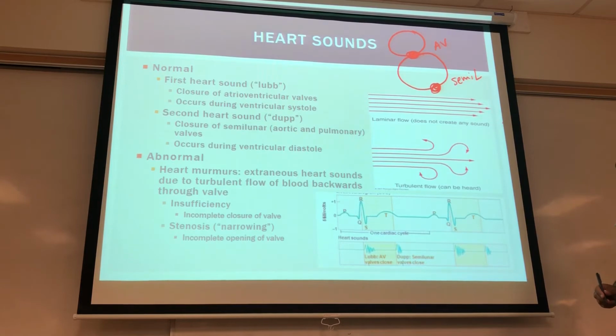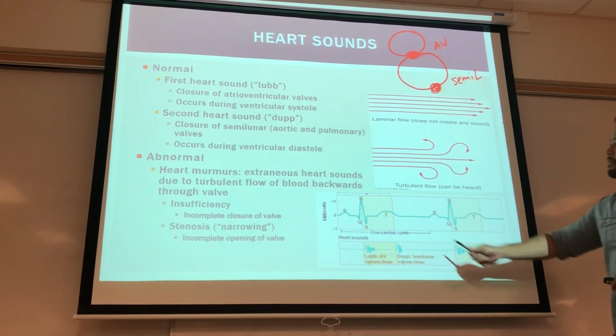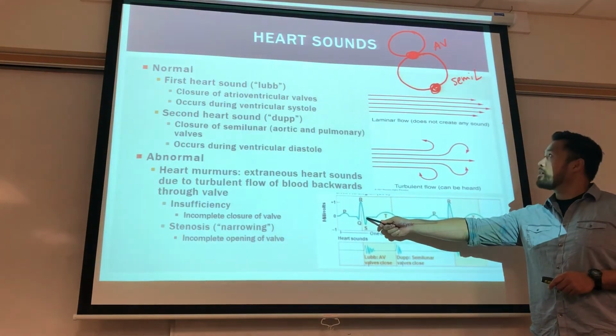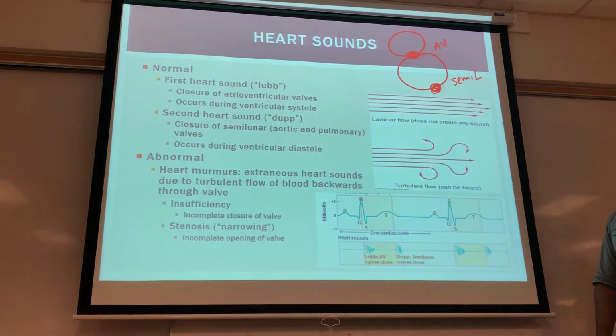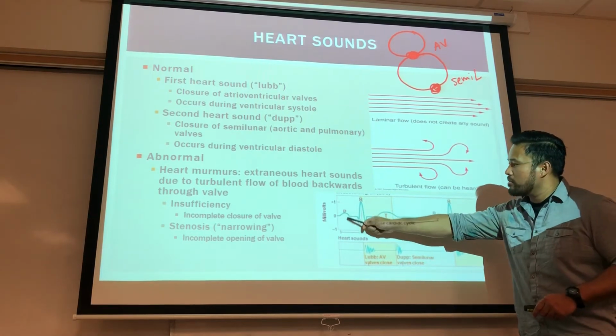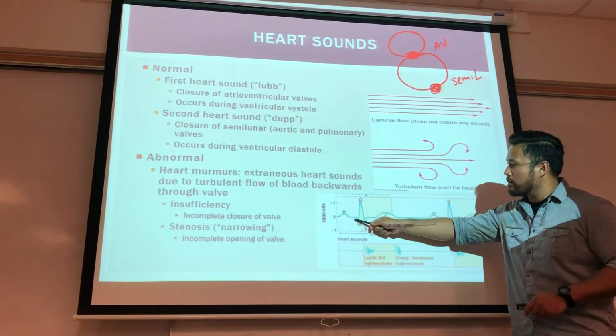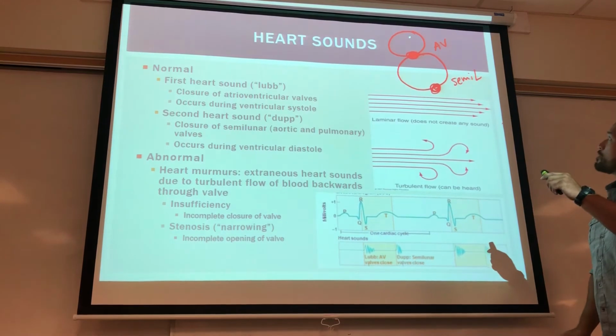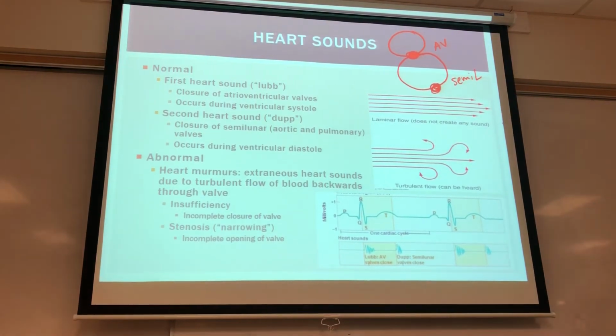The first sound I should be able to hear is during the very beginning of ventricular contraction, which involves the slamming of the AV valve. Remember, prior to all this, the PQ interval represents atrial systole.